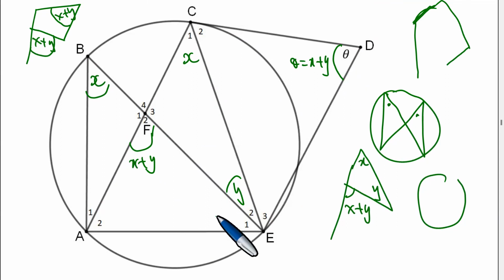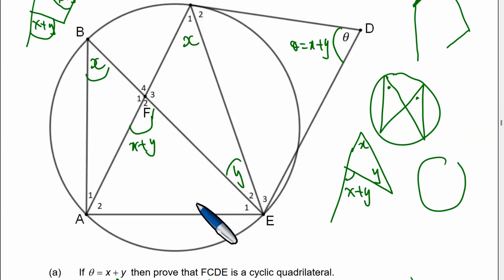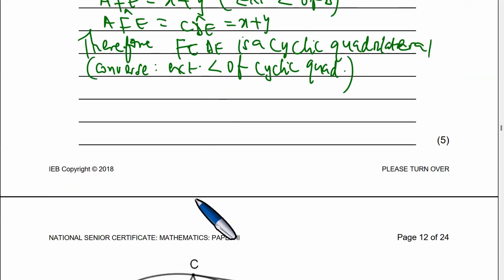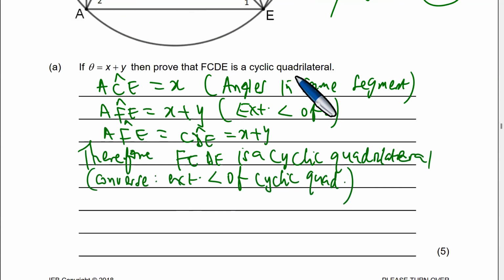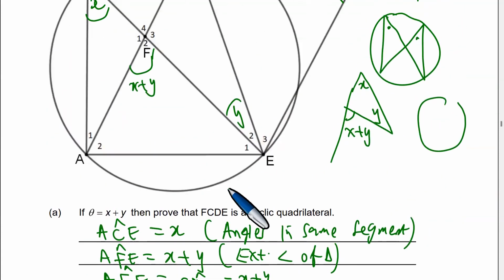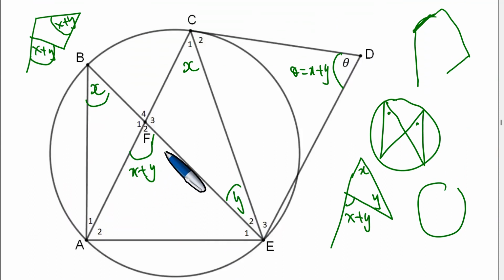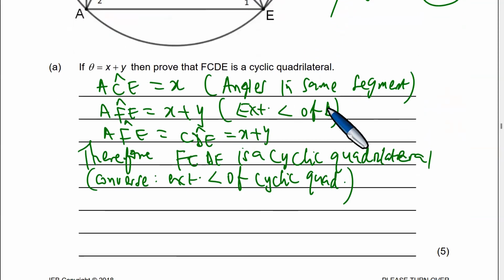If this angle equals this, it means this four-sided shape is cyclic. So we have proven that FCDE is a cyclic quadrilateral, because this angle is x plus y and this one is also x plus y. Next question.